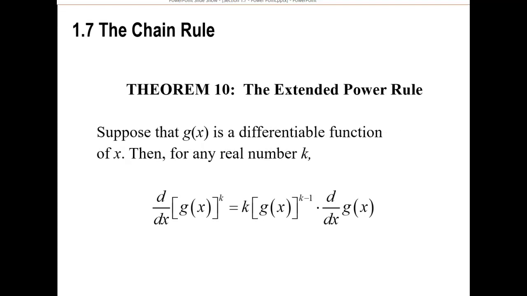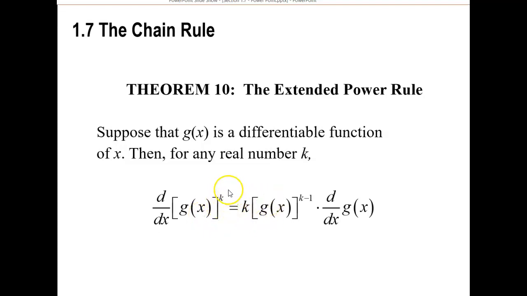Most of the problems that we've encountered so far involve the power rule. That was the main differentiation rule. So our chain rule applied to our power rule looks like this. g of x is any differentiable function of x, so basically we have any function inside of a power. This is how our chain rule would get applied: the derivative of some function raised to the power k.